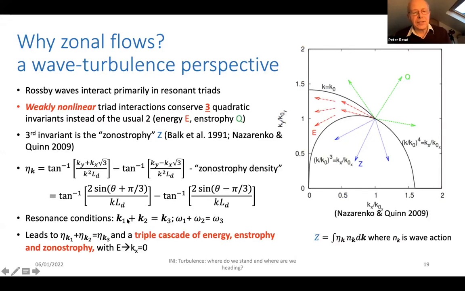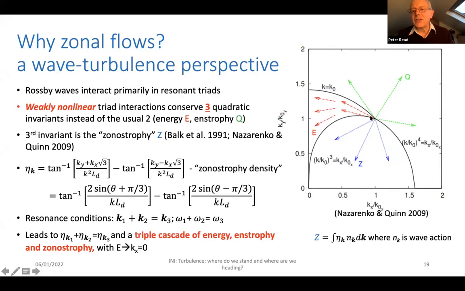So under resonant conditions in which the wave numbers satisfy these selection rules, this also leads to essentially a conservation of the zonostrophy density. And the net result of that is to constrain the possible directions of the interactions, and actually then makes this triple cascade act in a very anisotropic way.